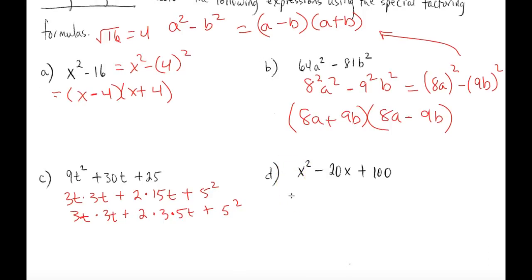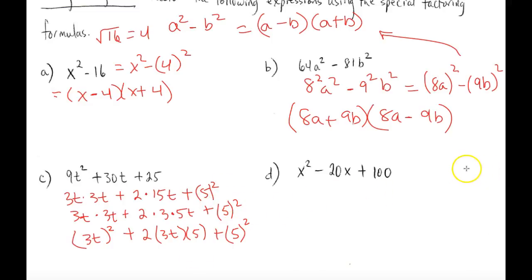So looking at that, we see that we essentially have 3t quantity squared, 2 times, if we move the 3 here and the t together, we'll have 3t times 5, and then of course have 5 squared there. I'll go ahead and put parentheses around it.